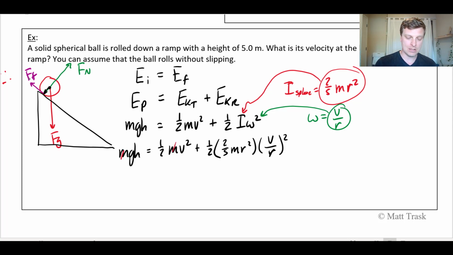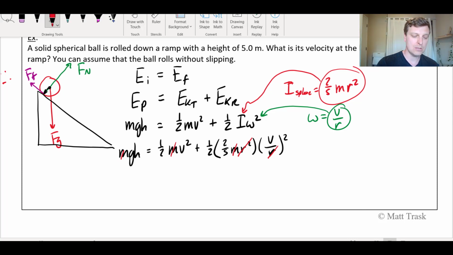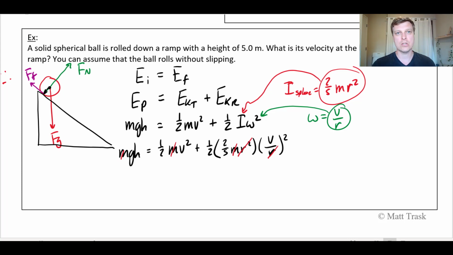So the masses, in fact, do cancel out. And that shouldn't be a huge surprise, that mass actually doesn't determine the speed at the bottom. But what's interesting as well here is that this r squared value and then this r, which is also going to be squared, these also cancel out. And so the radius of the ball also has no effect on the speed at the bottom, right? Whether it's large or small. What does have an effect is the shape. All that matters is that it was a solid sphere. It doesn't actually matter the size.